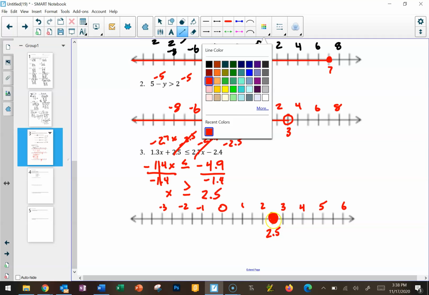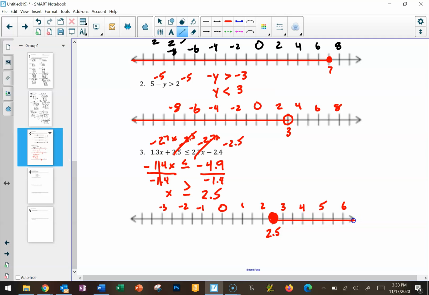And my line is going to start there and go out that way. Make sure you have an arrow. My arrows weren't very big, so I'm just going to make them more obvious. But anyway, make sure that your line is obvious. You know, even if you have to do something like this, just make sure it's obvious to me.